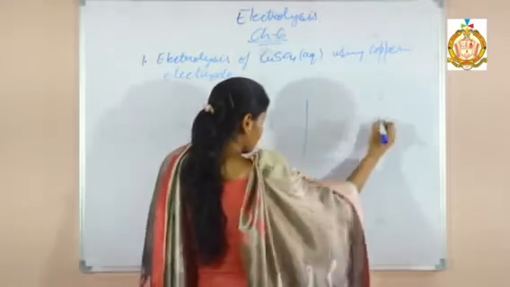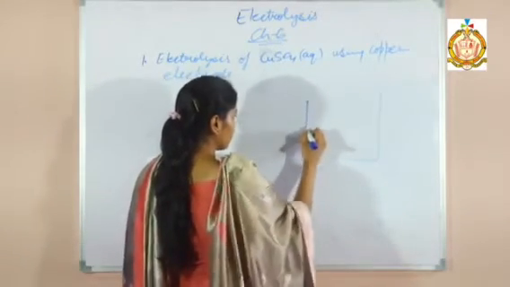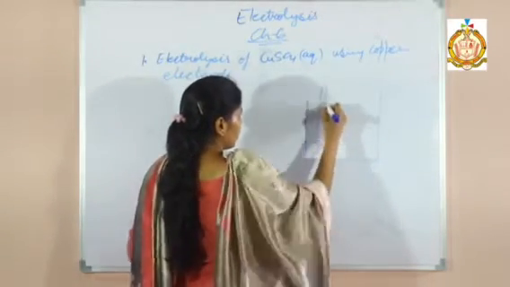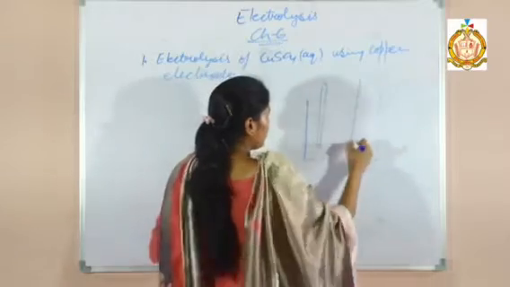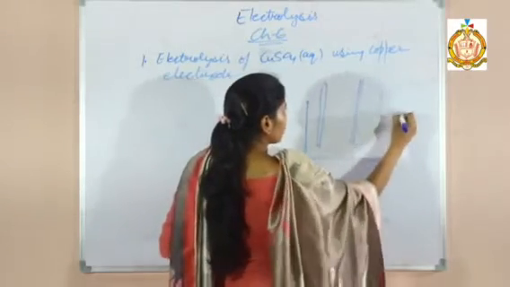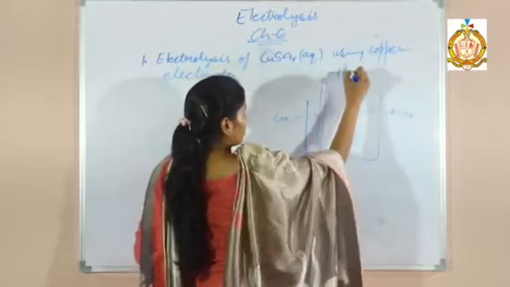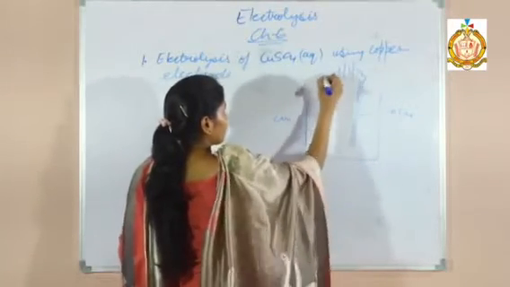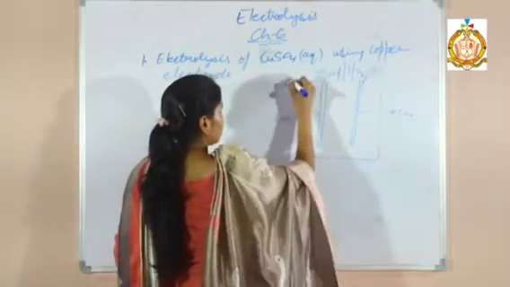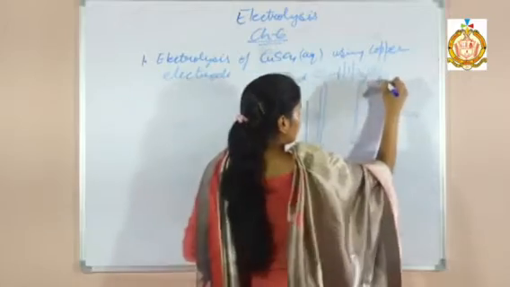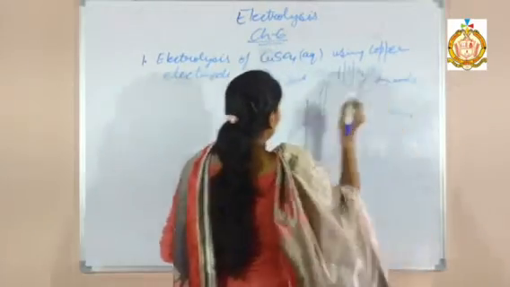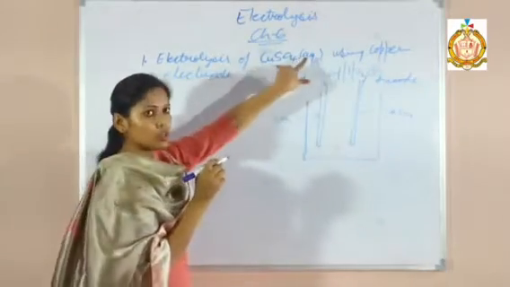Let's make the diagram. Electrolytic cell, non-conducting vessel. These electrodes are made of copper. This is negative, positive, cathode and anode. And which electrolyte is there? Aqueous copper sulfate.